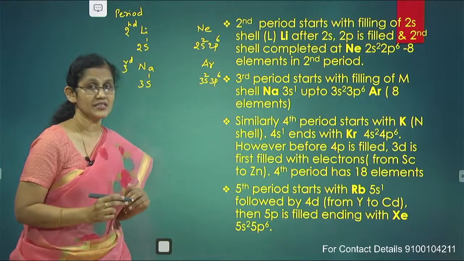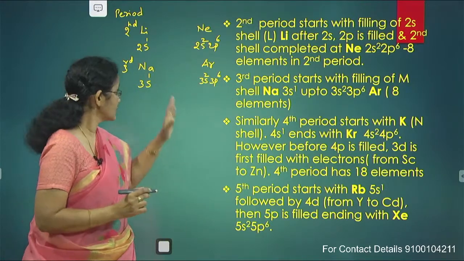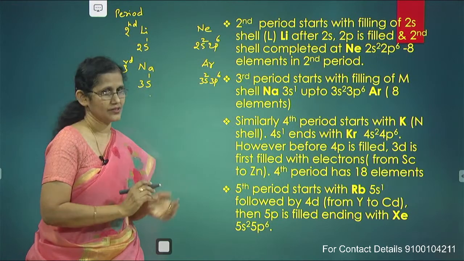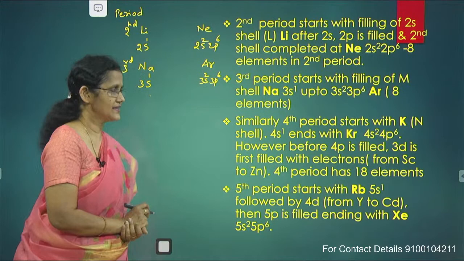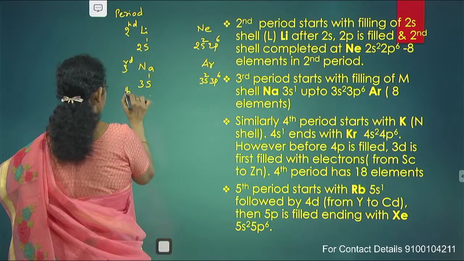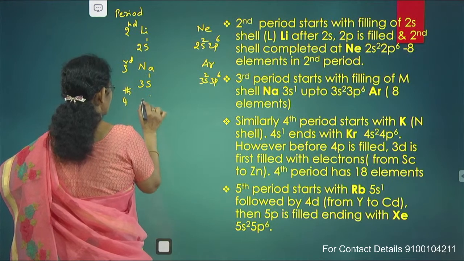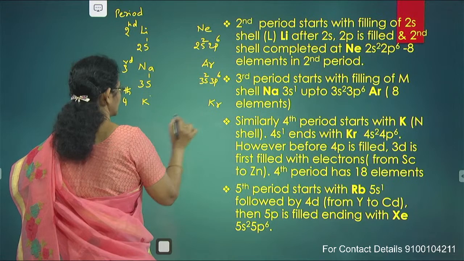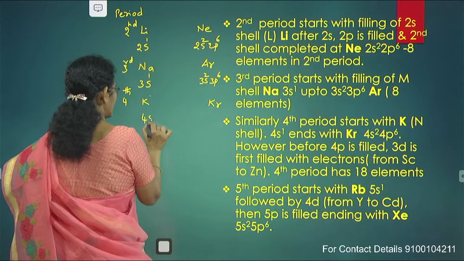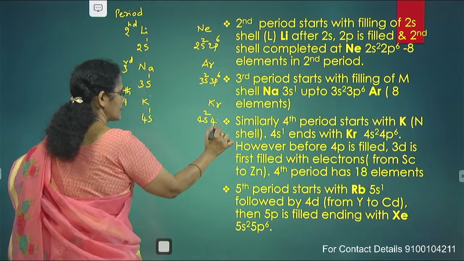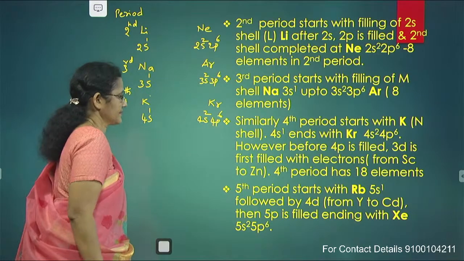So, first period only 2 elements, second period 8 elements, third period 8 elements. Next, the fourth period starts filling the N shell, potassium to krypton, 4s1, 4s2, 4p6, right.